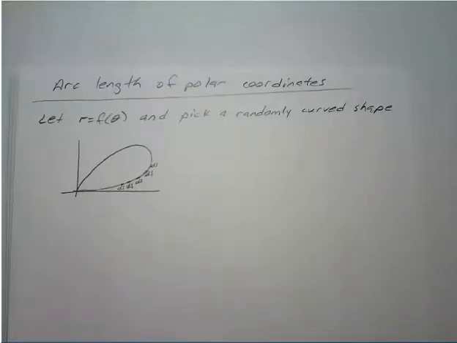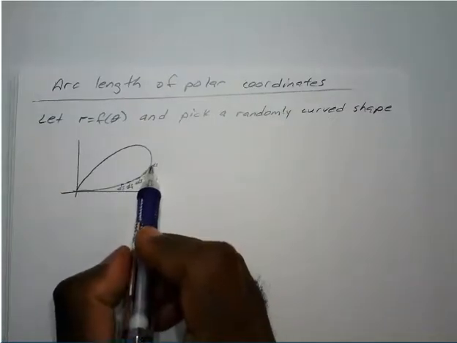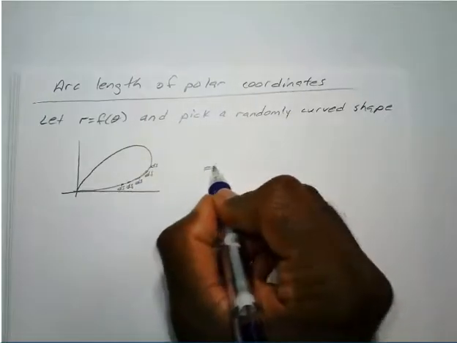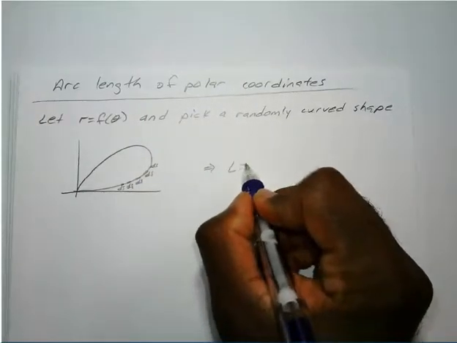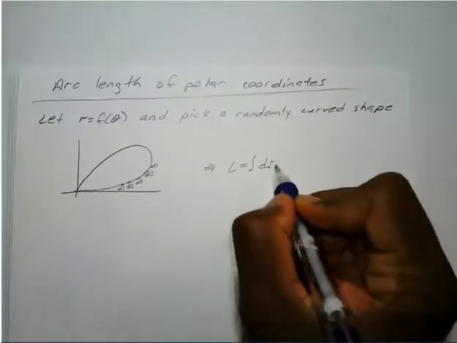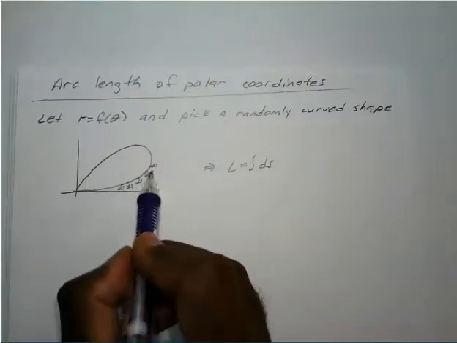Okay, so if we get all of those values and we add all of those lengths of s together, we'll see that the length is equal to the integral of ds, basically adding all of those ds values together. Okay. So from there, we're going to pick one of them.